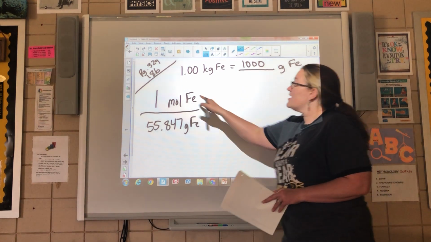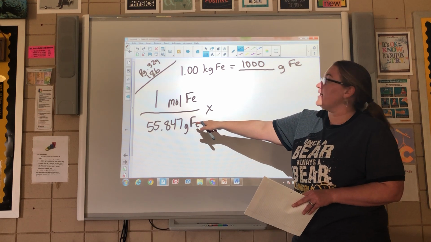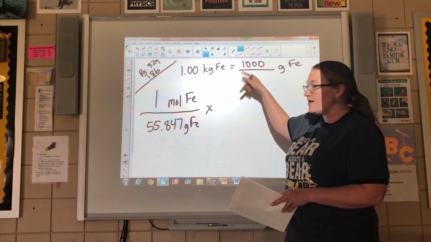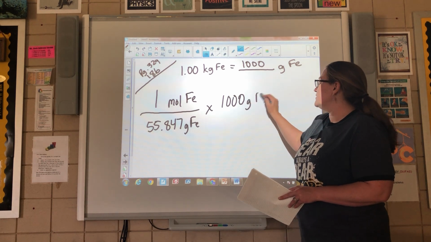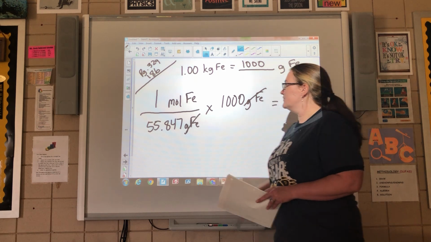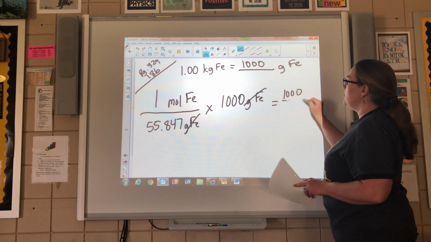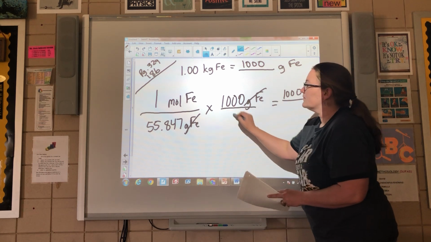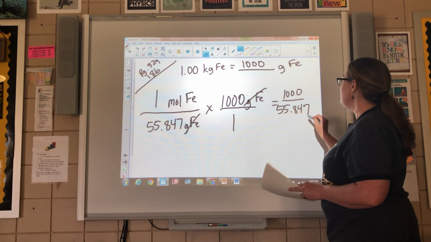All right, I need that mole of Fe. That means I need grams of Fe canceled out. How do I cancel it out? I look at what they gave me. They gave me 1,000 grams of Fe. So I can cancel these out. And when I do top times top, I've got 1,000. Bottom times bottom, got 55.847.